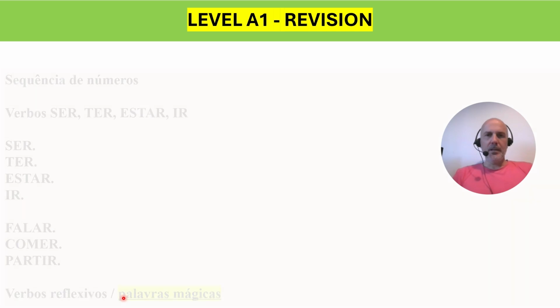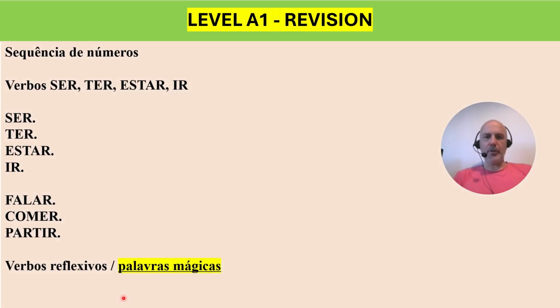Okay. So the first thing that I'm going to show you here is this, the sequência de números. What I'm going to do now is read out loud a sequence of numbers: ordinal numbers, cardinal numbers, small cardinal numbers, big cardinal numbers.